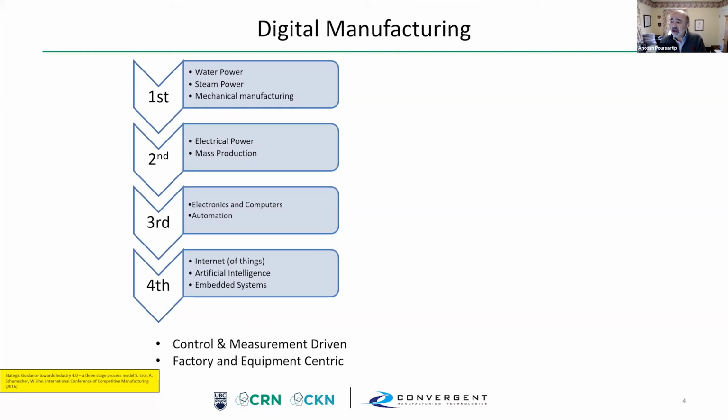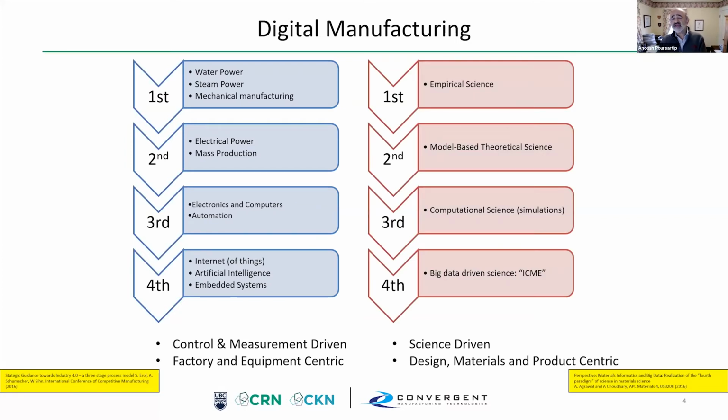And again, this goes back to some of the comments that Greg made. And so we really need to think about how science has evolved over time. If you look at sort of a comparable history, we started off with empirical science. We moved to model-based theoretical science. And in the last couple of decades, computational science has been the rage.